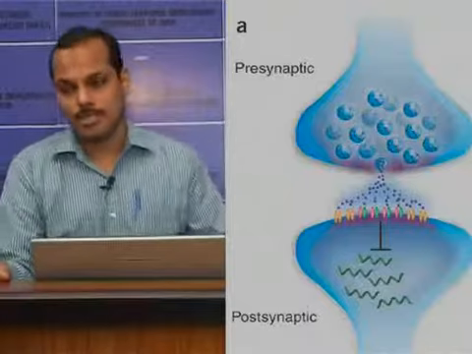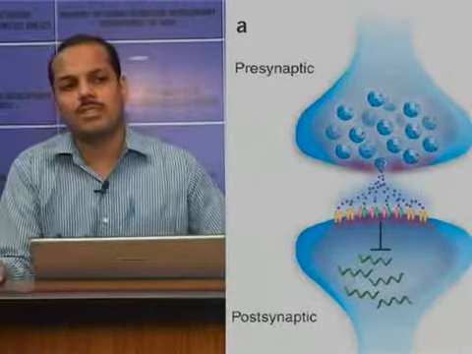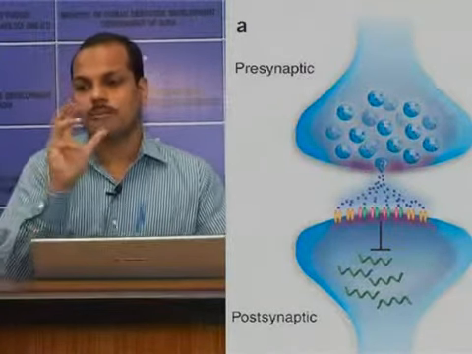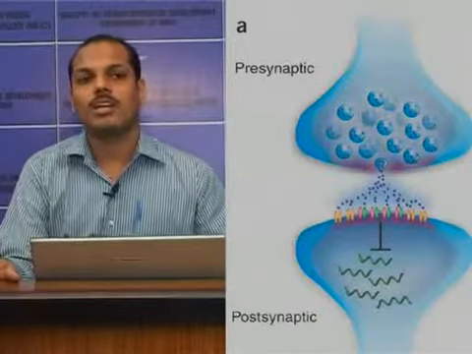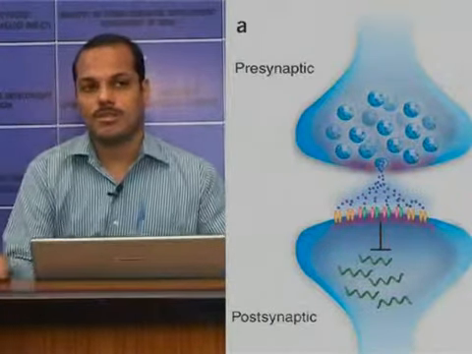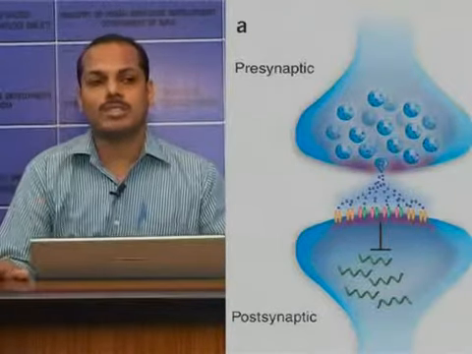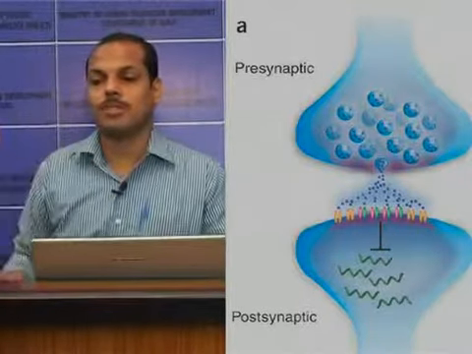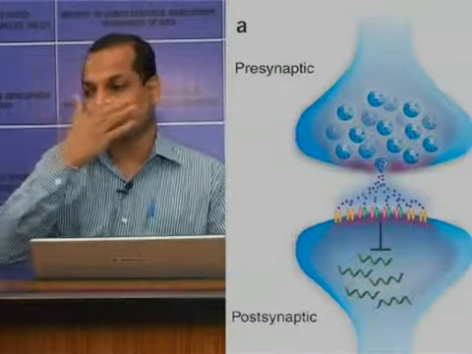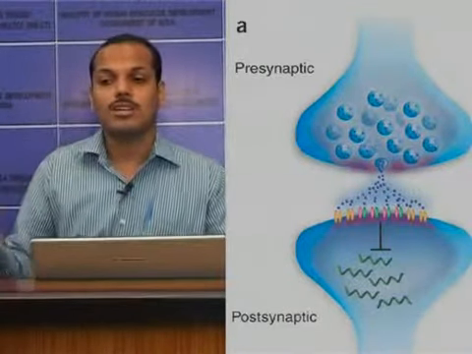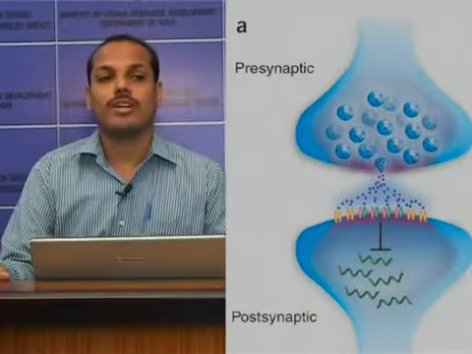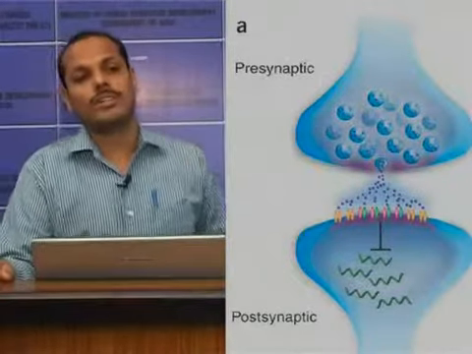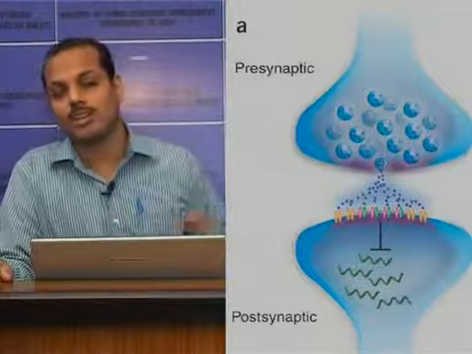Now, in the presynaptic node, there are small vesicles containing a chemical substance which acts as a synaptic transmitter. Synaptic transmission is done by these chemical transmitters. When the presynaptic neuron is stimulated by any impulse, an action potential will be developed. The action potential travels down the axon and reaches the zone underlying the synaptic vesicles in the presynaptic node.